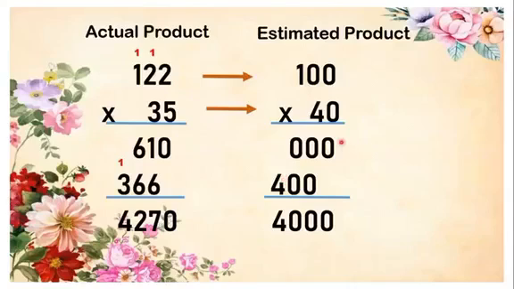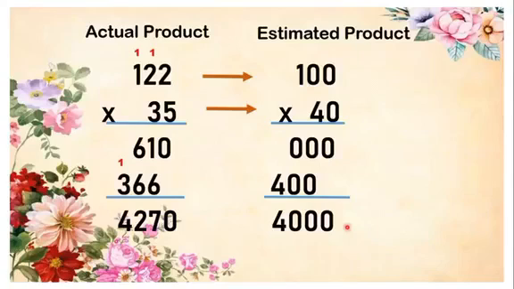Now, let's add the partial products. Bring down the 0. 0 plus 0 equals 0. 0 plus 0 equals 0. And bring down 4. So, we have an estimated product of 4,000.